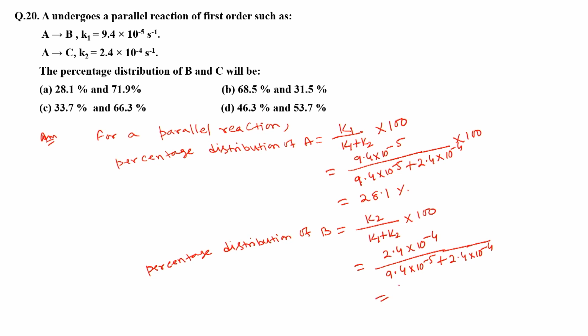If we calculate this one, we get the percentage distribution of B is 71.9%. Therefore, option A is correct.